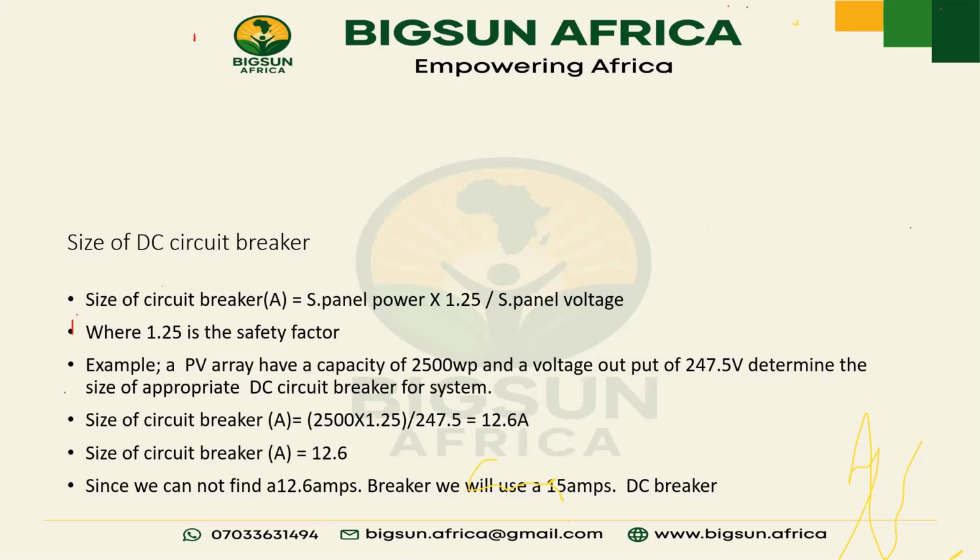Okay, we are going to be looking at the PV array. Our formula for DC breaker size uses the total panel power. They gave us the total panel power to be 2,500 watt, and the total output voltage is 247.5. So it's very straightforward.